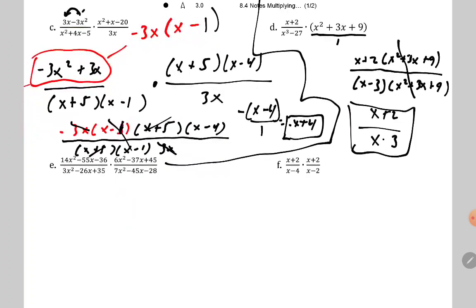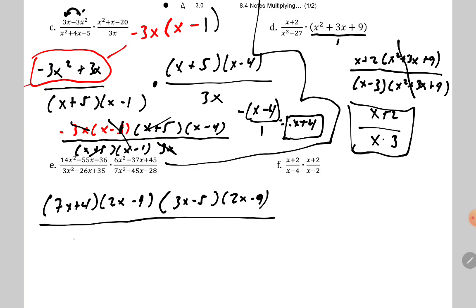Alright, part E. Look at all these numbers. Let's factor all these. When we factor all these, this is going to be 7x plus 4, 2x minus 9. And then the next one in the upper right is going to be 3x minus 5, 2x minus 9.